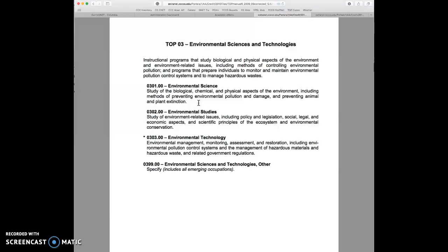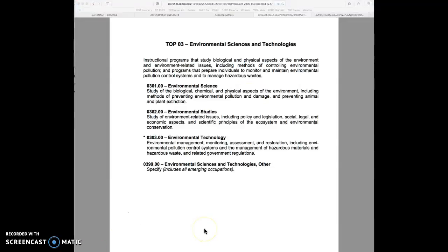We're probably studying theory, the study of the biological, chemical, and physical aspects of the environment, including methods of preventing environmental pollution and damage. So what we need to bear in mind is when it's not coded as vocational, it often implies that it's preparing the student to transfer to a 4-year institution to pursue further study in this particular field.